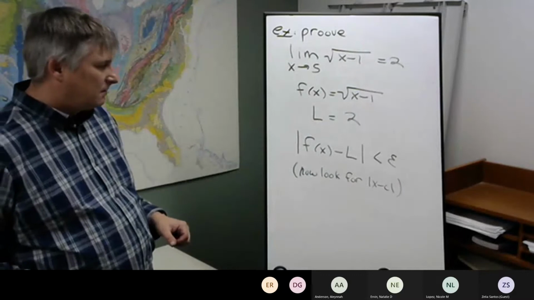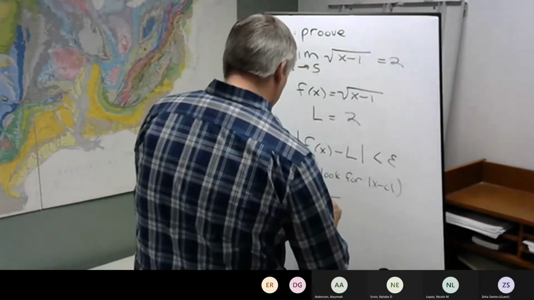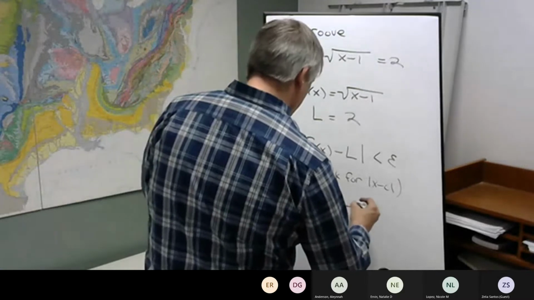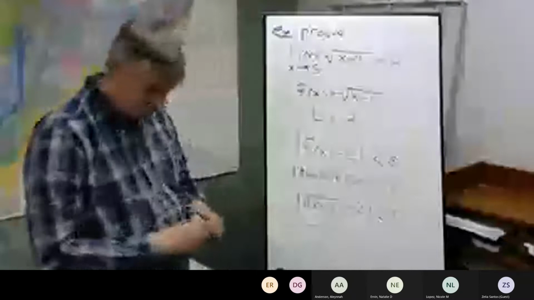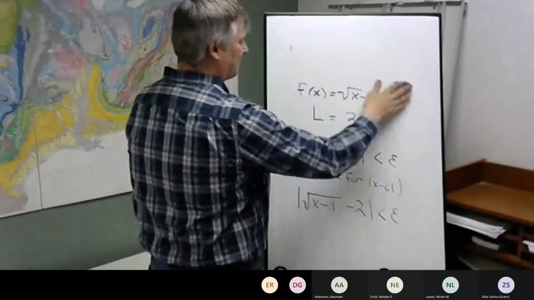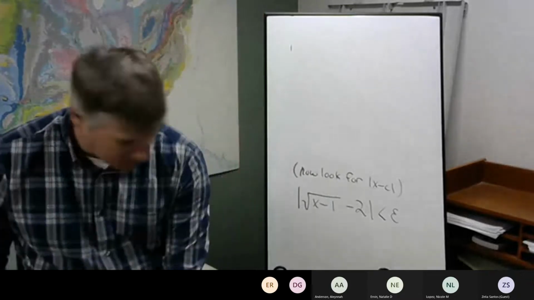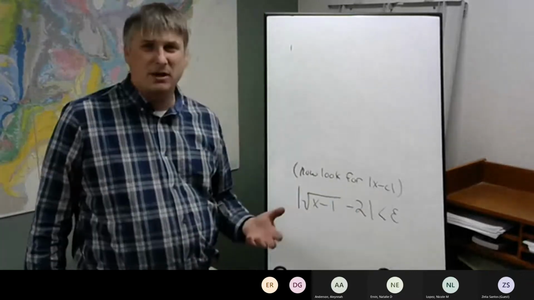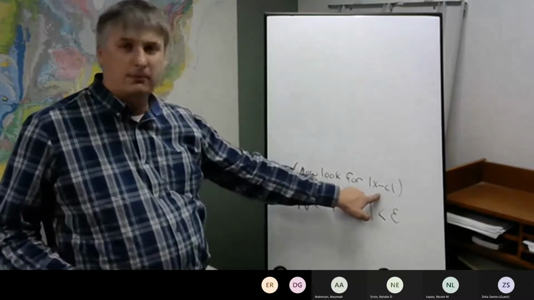So we plug this in. We have this. Now we're going to do that trick from algebra. We're going to break this up. And our goal, again, is we're looking for this x minus c. So we're going to start with this. We're going to try to come up with this.